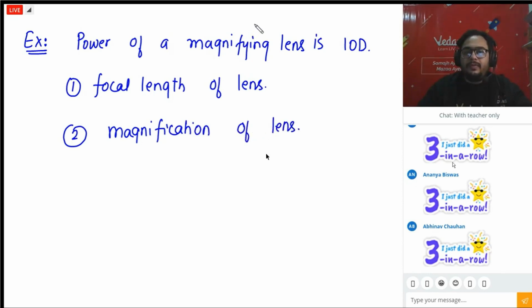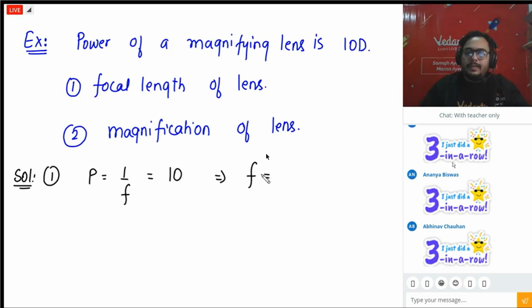So for the first thing, you know what is power. Power is the reciprocal of focal length. We know this formula already. Power is equal to 1 by f. Now power is given to you, 10 diopter. So if you take the reciprocal, you will get 0.1 meter, or you can say focal length is 10 centimeter if you convert it into centimeter.